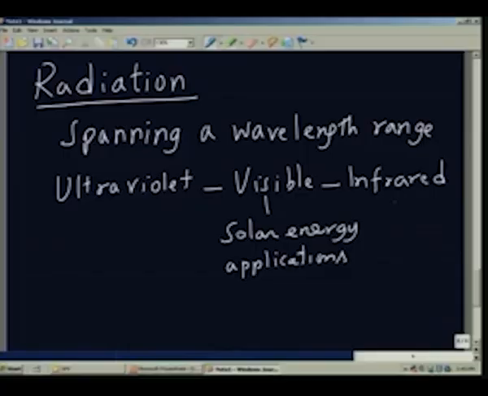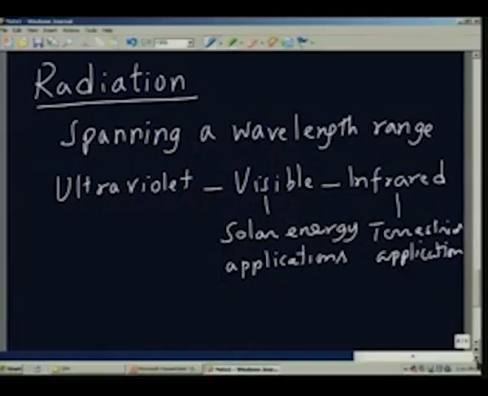Then of course, the infrared part is an important aspect, because in most terrestrial applications we have temperatures close to 300 Kelvin, which is room temperature. The radiation involved is mostly the infrared part of the spectrum.